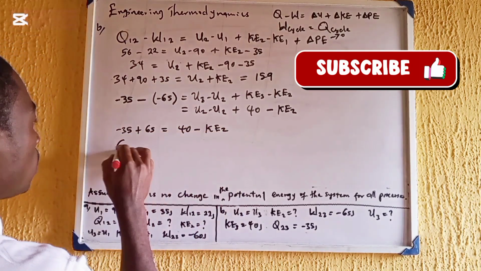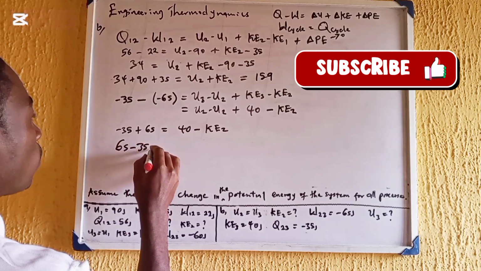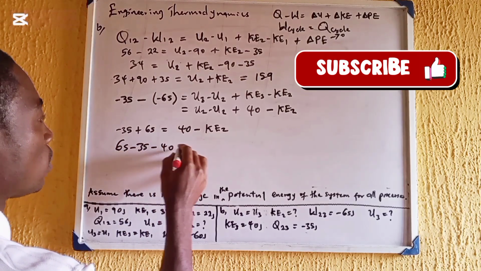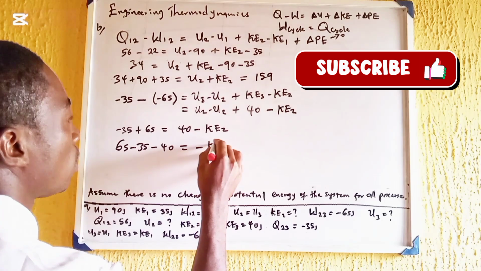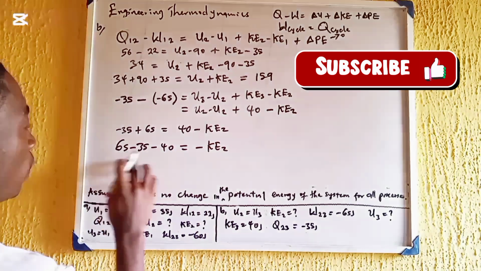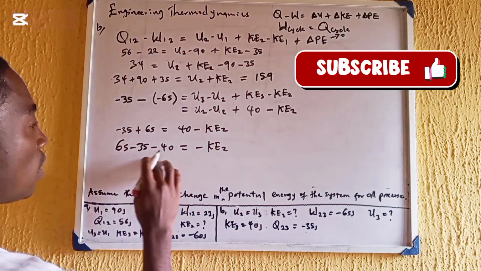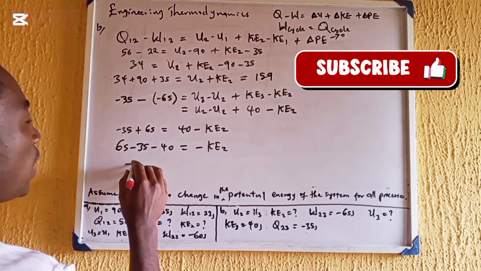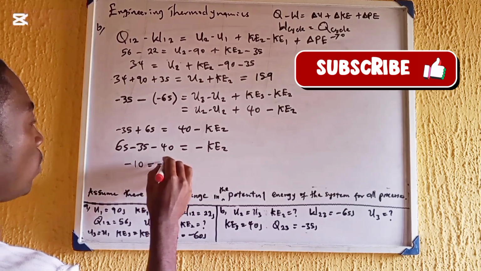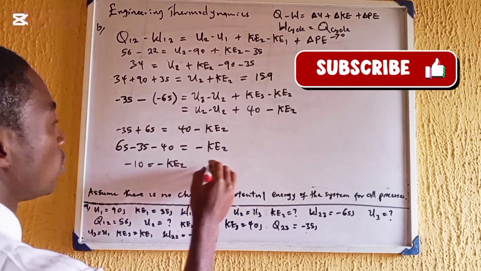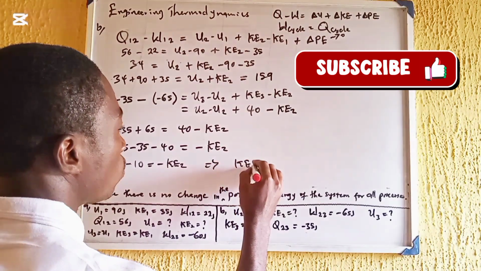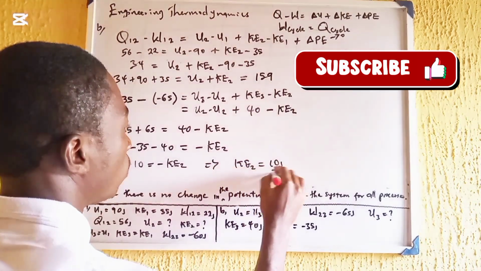Now this is the same thing as 65 minus 35, then minus 40 equal to minus KE2. Now 65 minus 35 gives us 30. 30 minus 40 gives us minus 10 equal to minus KE2. This implies that KE2 is equal to 10 joules.